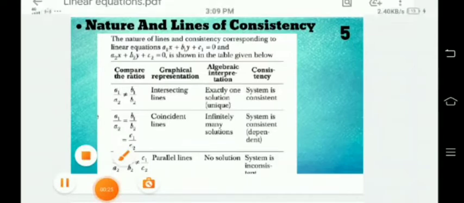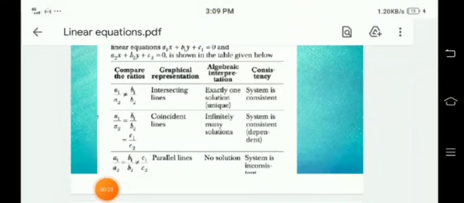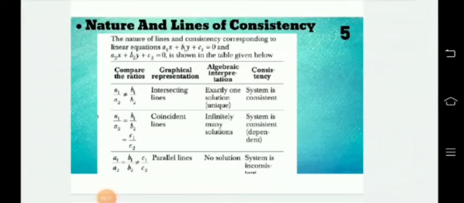Consistency is shown in this table. First, comparing the ratio, second, what the graphical representation is like, third, what the algebraic interpretation is like, and last, fourth, what the consistency is like.